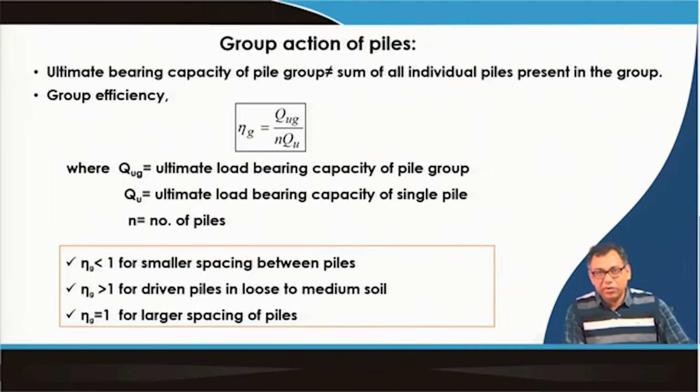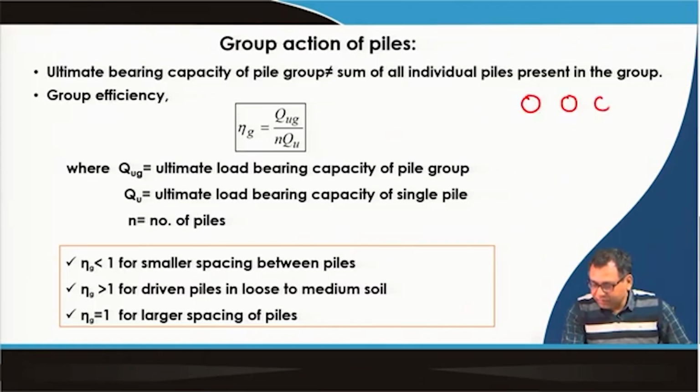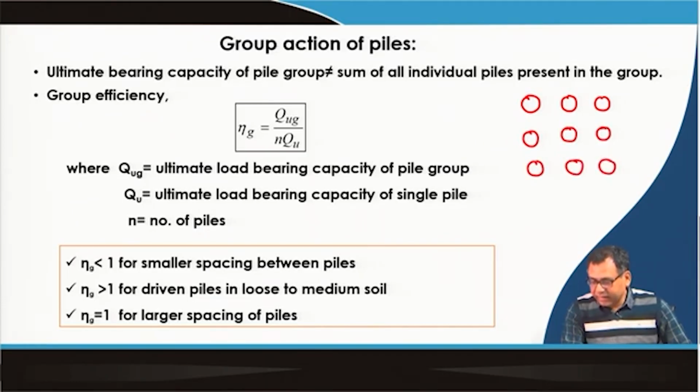Now I will go for the group action of the pile. So, suppose we have a pile group of say 9 piles. So, this way we can determine the efficiency of the pile.